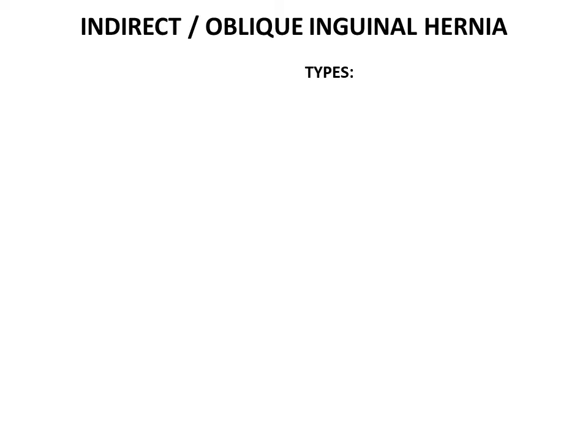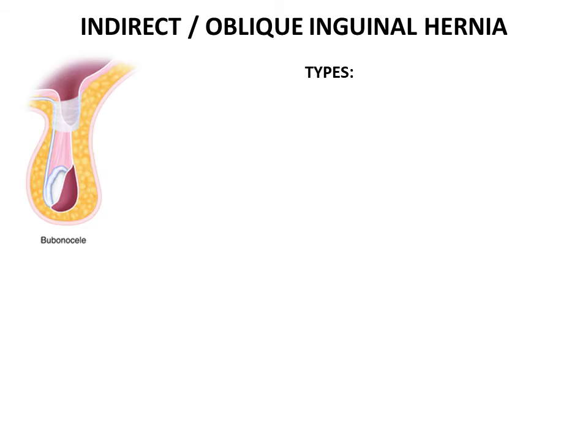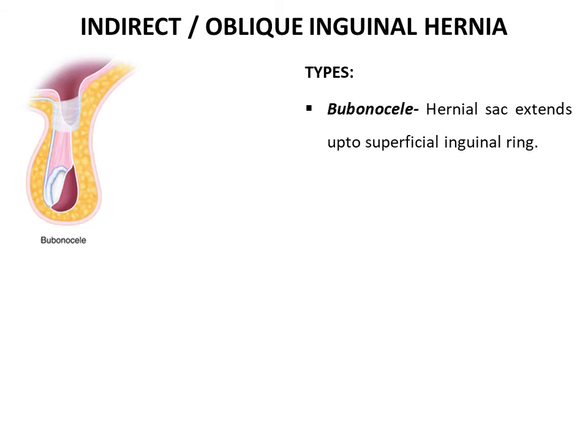The indirect or the oblique inguinal hernias are seen due to the patent processus vaginalis, which is formed during the descent of the testes. It can be divided into the following types. The bubonocele, that is, the proximal part of the processus vaginalis is patent. Hence, the hernial sac extends up to the superficial inguinal ring.